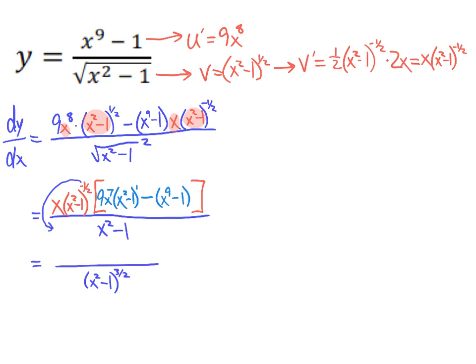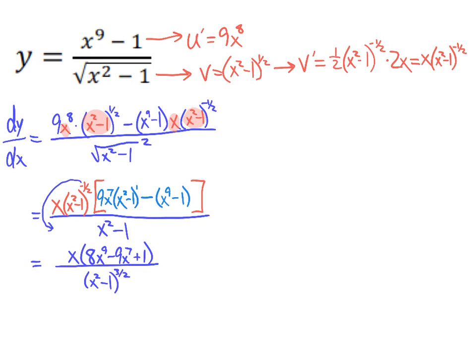So now I still have an x in my numerator and I need to simplify the brackets. The brackets are 9x to the 9th minus an x to the 9th, so that's 8x to the 9th, minus 9x to the 7th plus 1. If I simplify what's in the brackets, that would be my final answer.